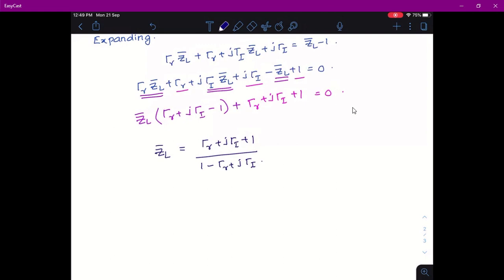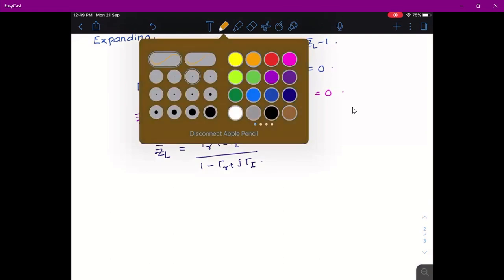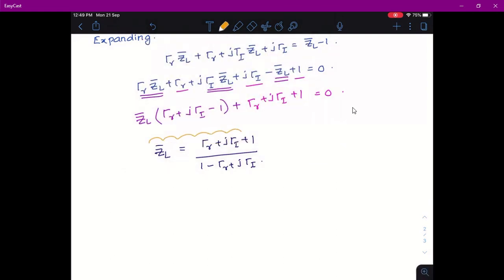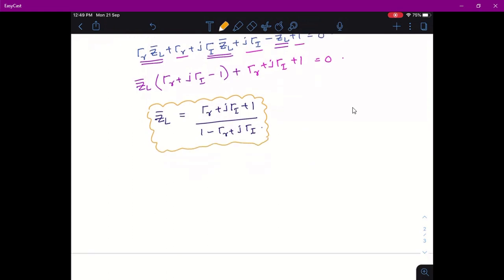So you get the expression for ZL bar in terms of tau r and tau I. This is my first important expression.